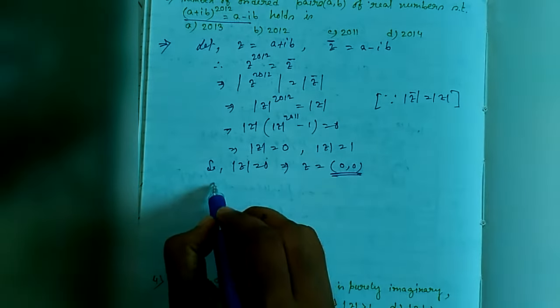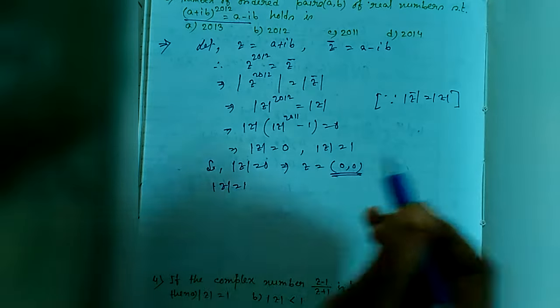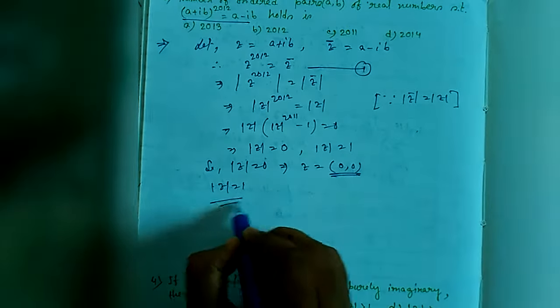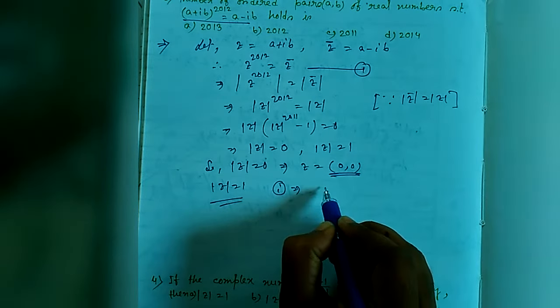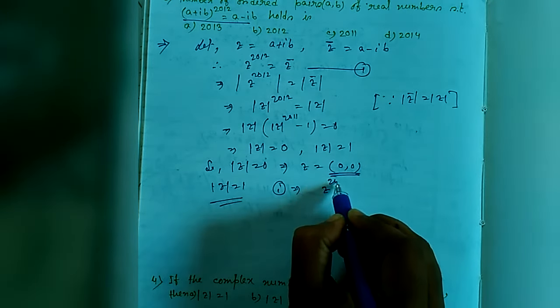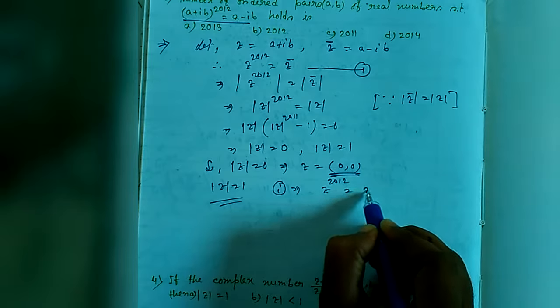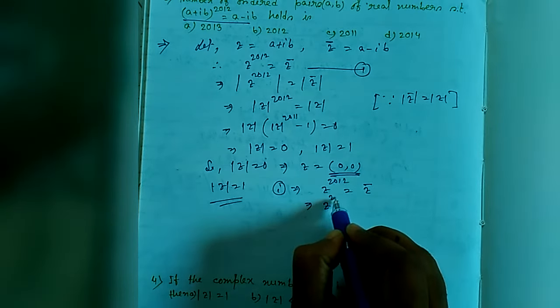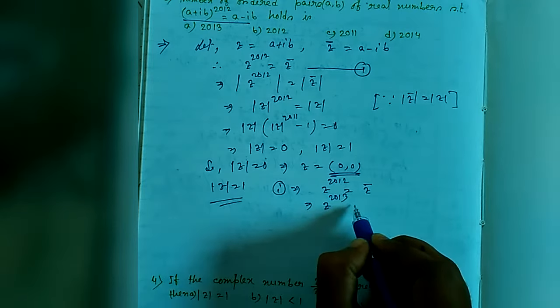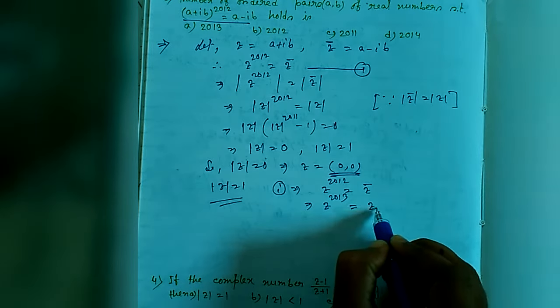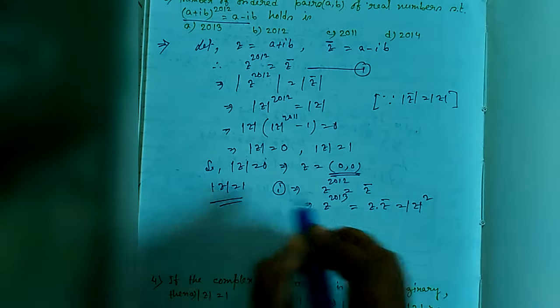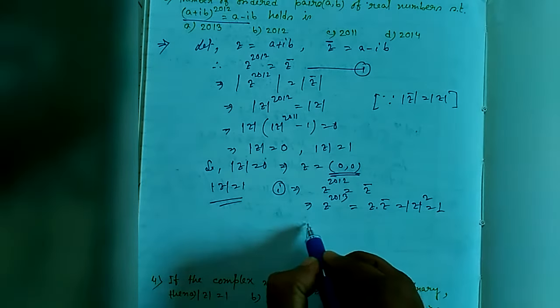Okay. When mod z equal to 1, from this we get z to the power 2012 is z bar. If we multiply both sides by z, this will be z to the power 2013 equal to z into z bar. This will be what? Mod z square. Mod z equal to 1, so this equal to 1.